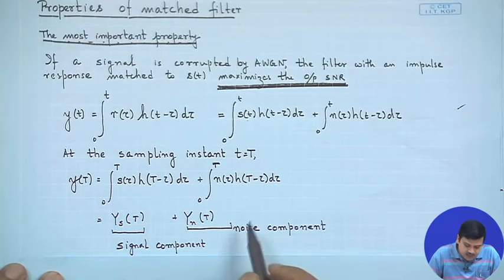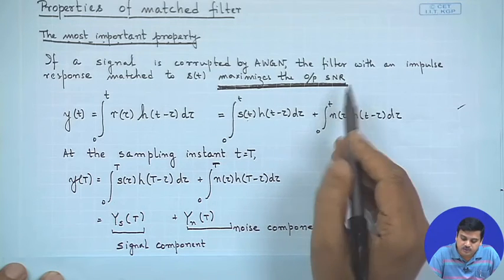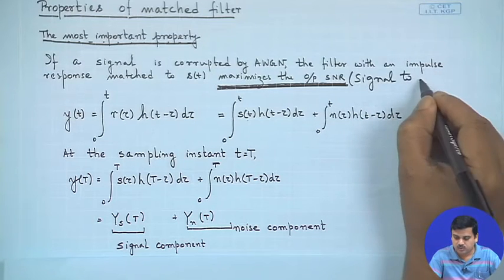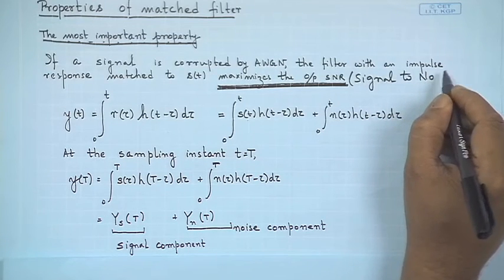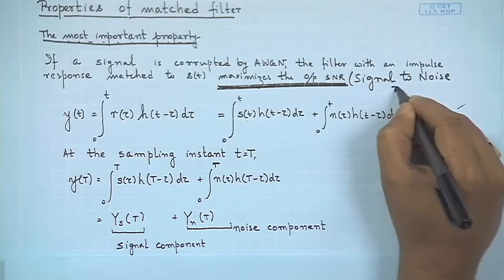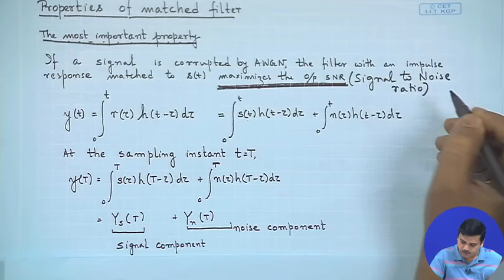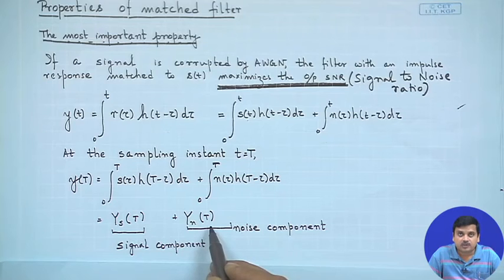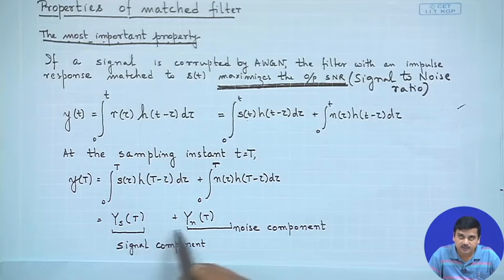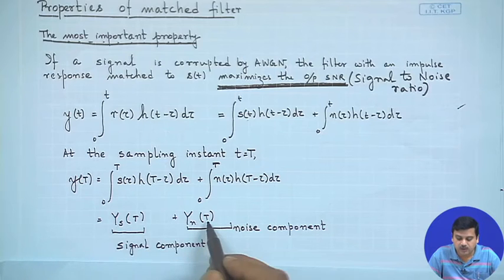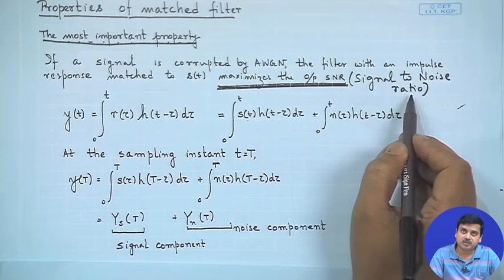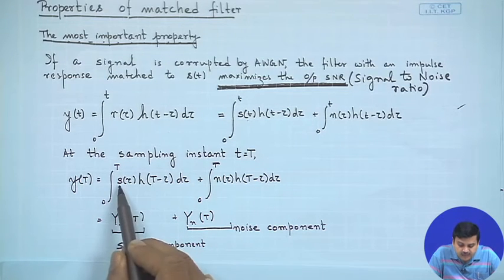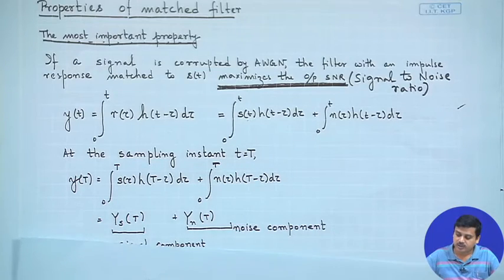When we discuss the signal to noise ratio, SNR, we need to operate on the signal component and the noise component. We will find the energy of the signal and that of the noise, or the ratio of signal power to noise power, to calculate the signal to noise ratio, and we will see what the selection of h given S is that maximizes the signal to noise ratio.